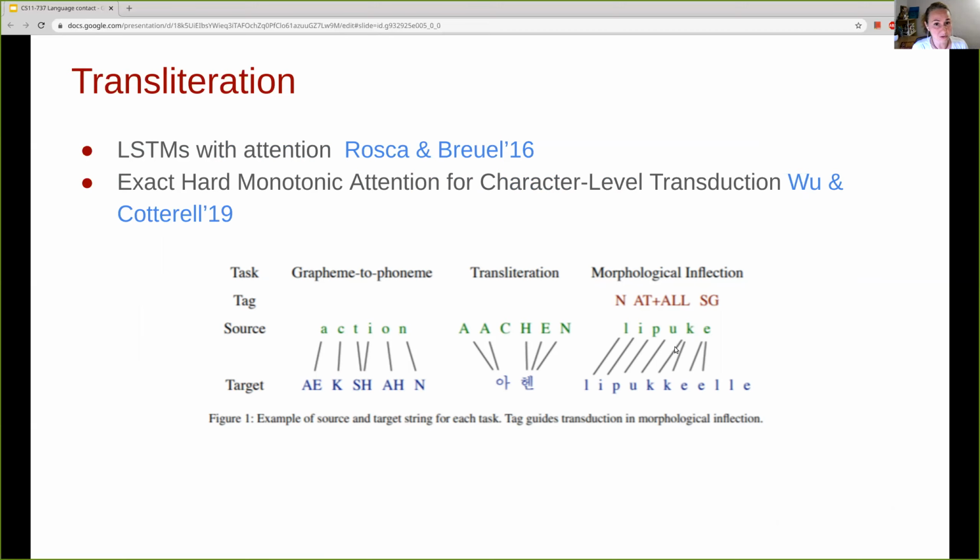And more recent interesting studies focus on transliteration and subsequent morphological adaptation, or morphological reinflection. The focus of this work, for example, is on how to inject monotonicity as an inductive bias to learn latent alignment to align jointly with transduction.